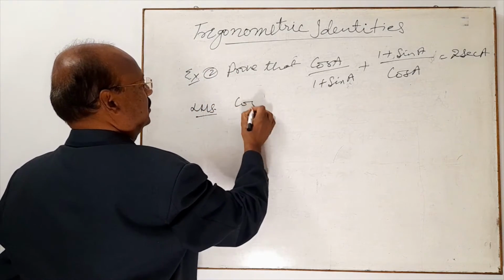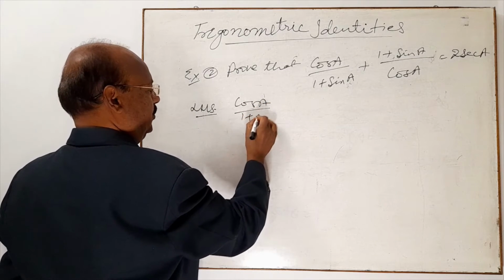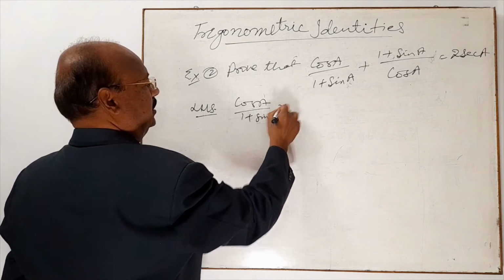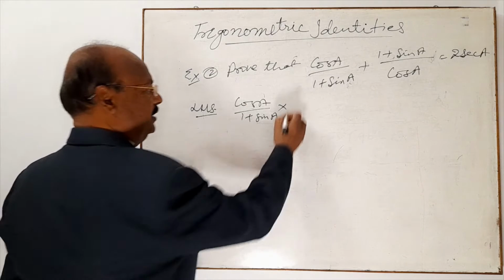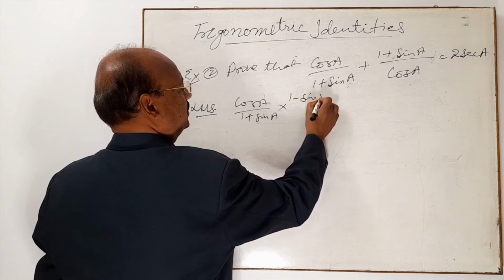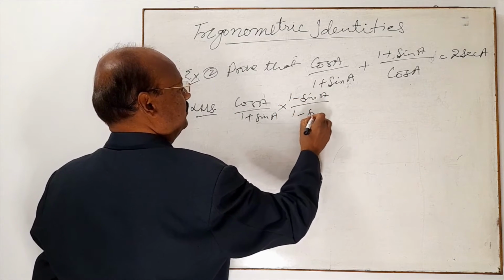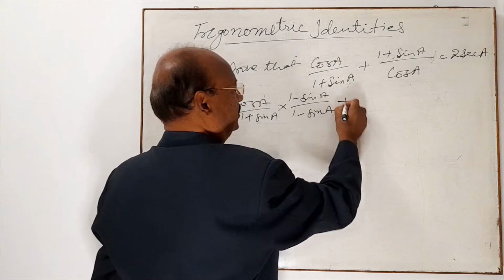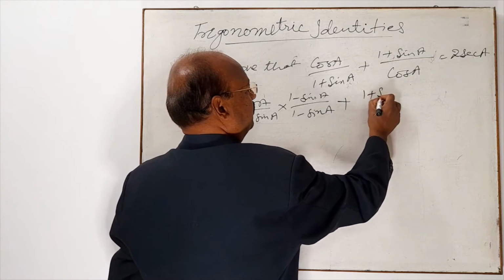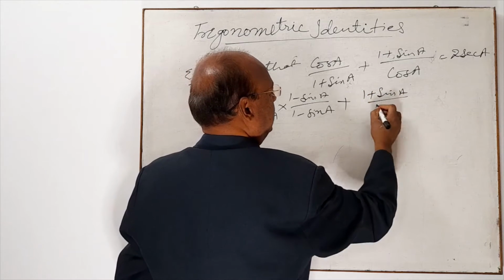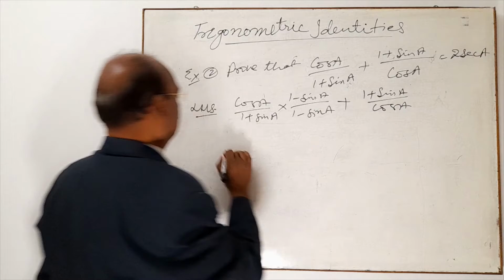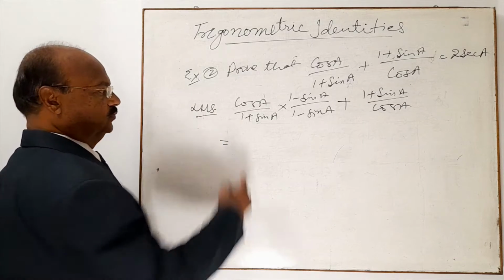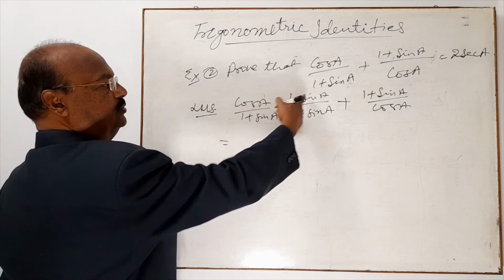First term is cos A upon 1 plus sin A. Let us multiply numerator and denominator here by 1 minus sin A. Here also multiply with 1 minus sin A. And the second term is 1 plus sin A by cos A. Next step, in the numerator, multiply these two.